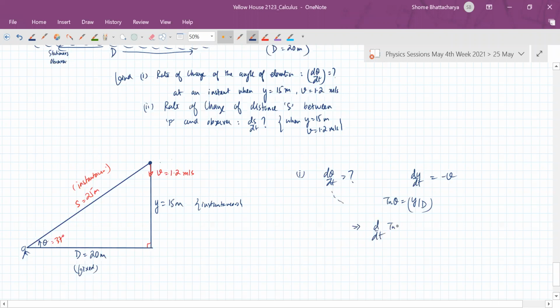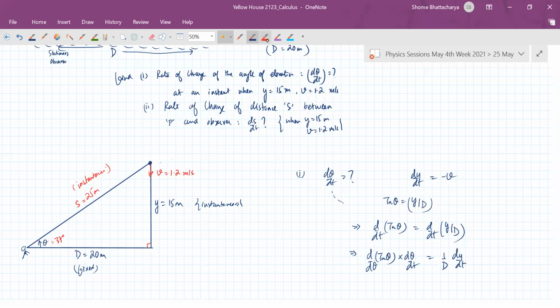So the rate of change of tan theta with respect to time should be equal to the rate of change of y by d with respect to time. For this side, we'll have to use the chain rule: differentiation of tan theta into d theta by dt. On that side, we can just take 1 by d common, because it's a constant.